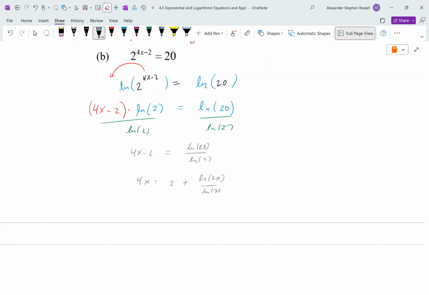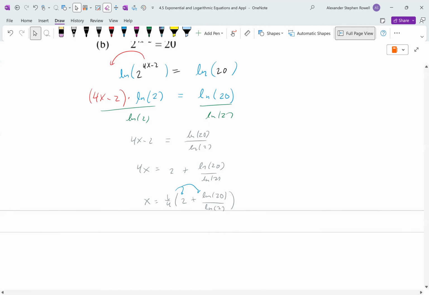Multiply by 1/4. Which do you prefer? Times 1/4? I do too. Because it's easier to think of this as distributing, I think. Especially when you have a fraction here, natural log of 20 over natural log of 2. Just think of it as distributing a 1/4. So we get x is equal to 1/2 plus natural log of 20 over 4 natural log of 2.